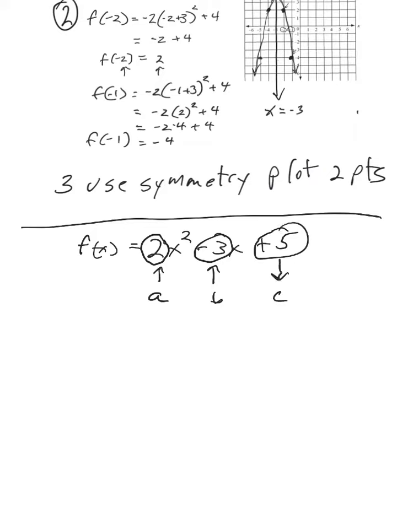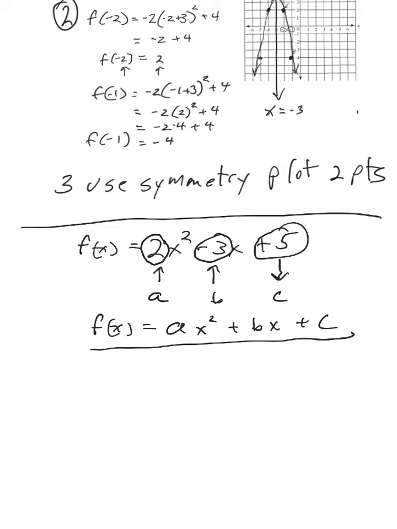So the basic shape of standard form is some number a times x squared plus some number b times x plus c. This is like y equals mx plus b, in a sense, for parabolas.